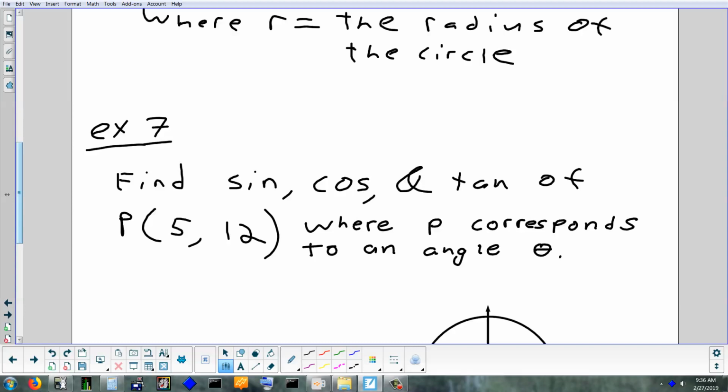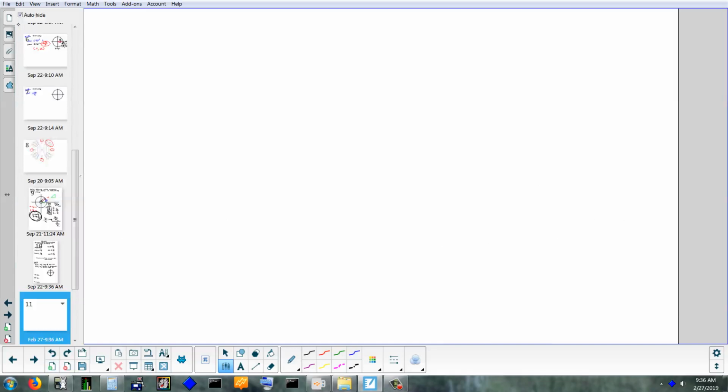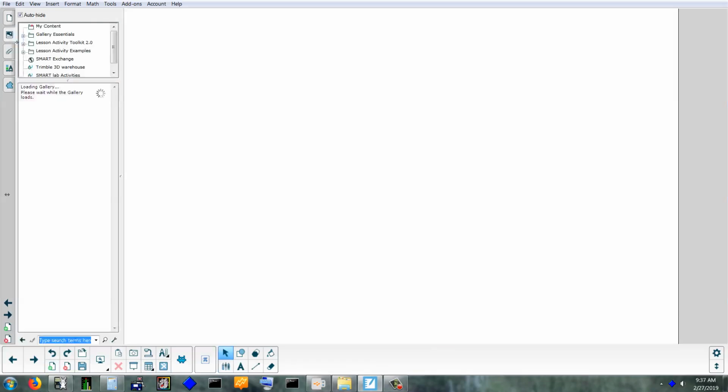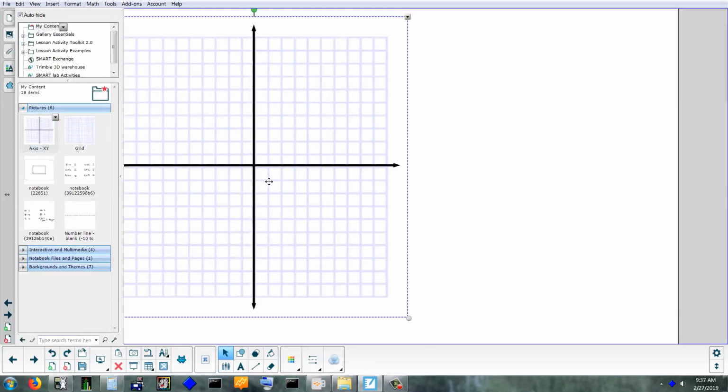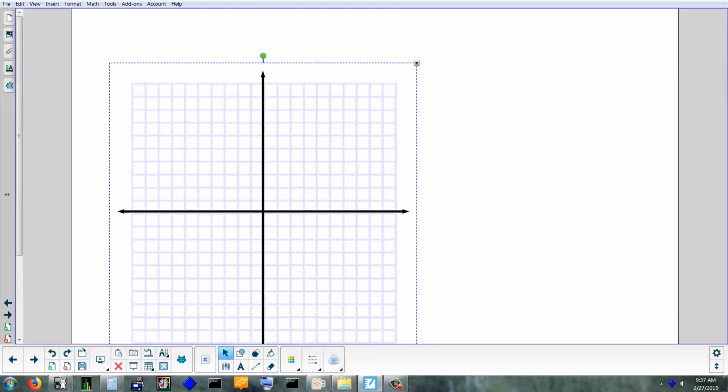Now, how do I know 5, 12 isn't on the unit circle? Well, just think about if you were to graph the point 5, 12. Here's the point 5, 12. Okay, I'm going to go right 5, and I'm going to go up 12. 1, 2, 3, 4, 5. That's 10, 11, 12.